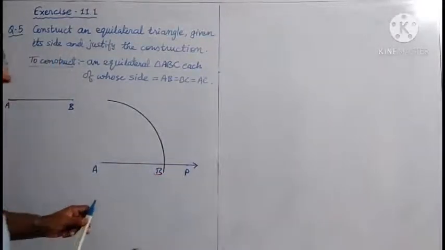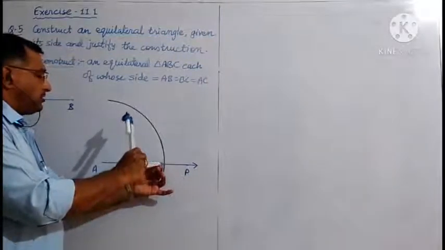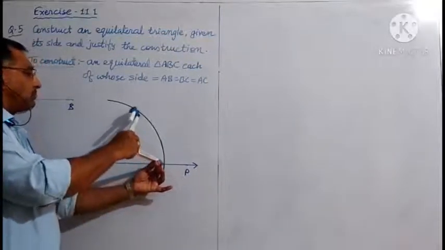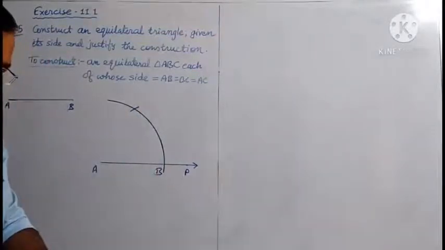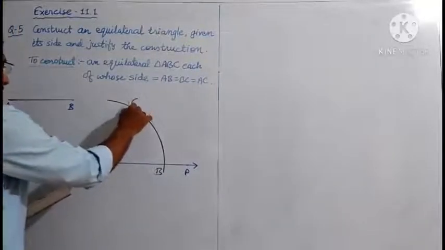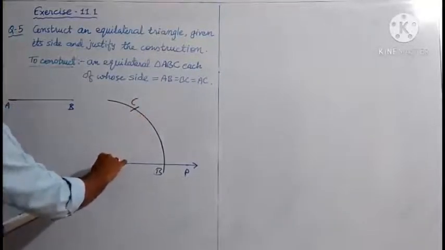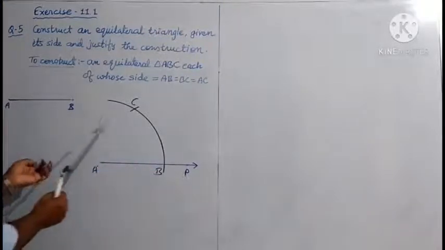Now taking B as a center and the same radius, draw an arc which intersects the previous arc at C. We can also draw this arc which will intersect here at A, because AB is equal to BA, but no need here.